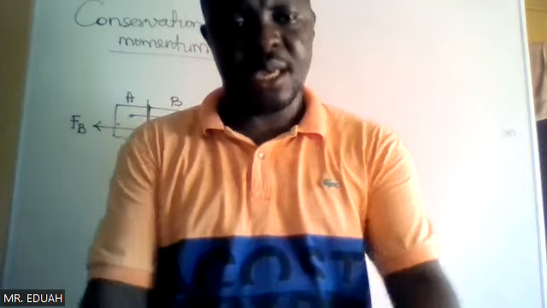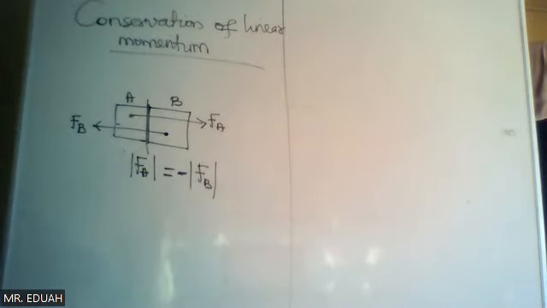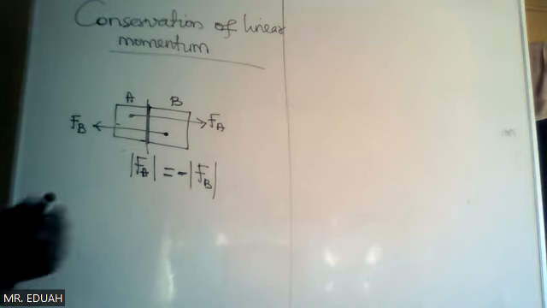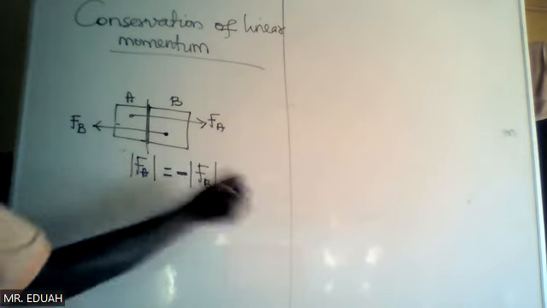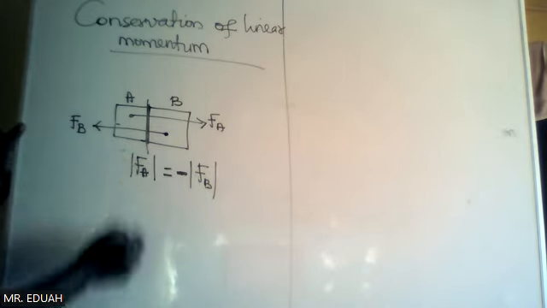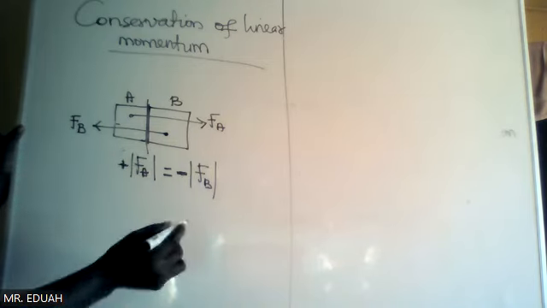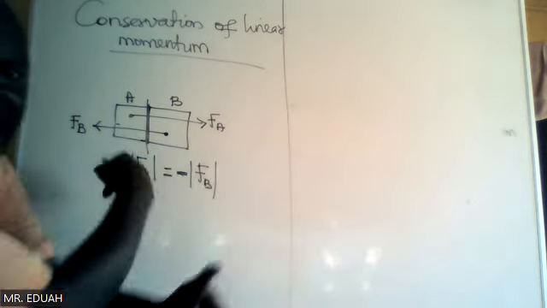So Fa is equal to Fb. Are we okay? And because their directions are opposite, that is why one is negated. You can look at this to be positive and then this to be negative to denote that their directions are opposite.